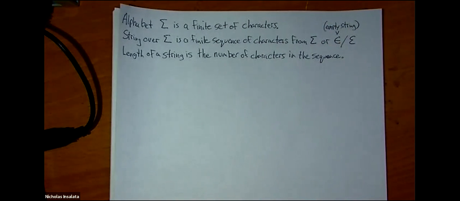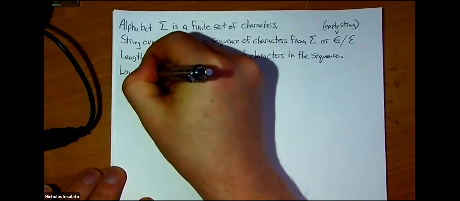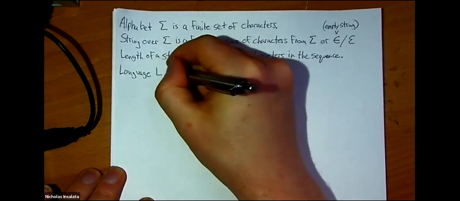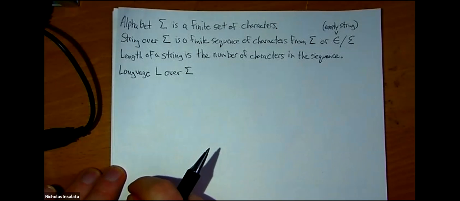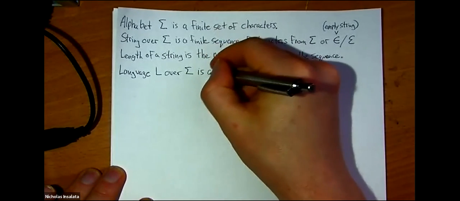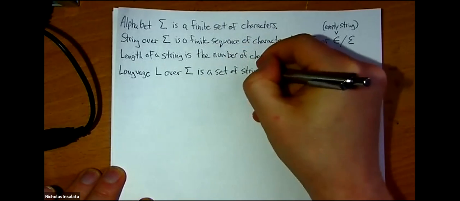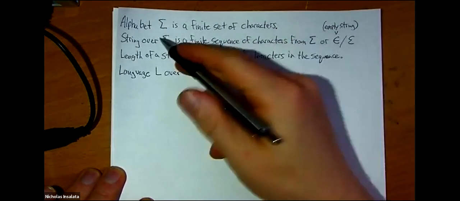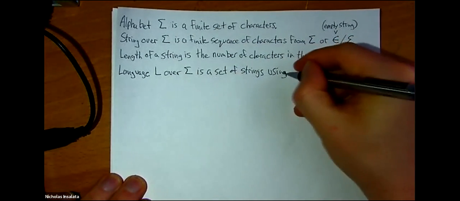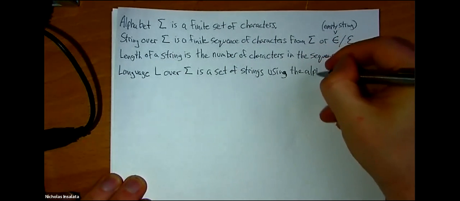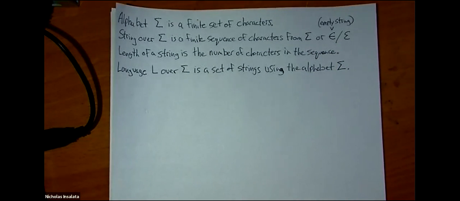And finally, we have the language, which is usually denoted L over sigma, is a set of strings using the alphabet sigma.